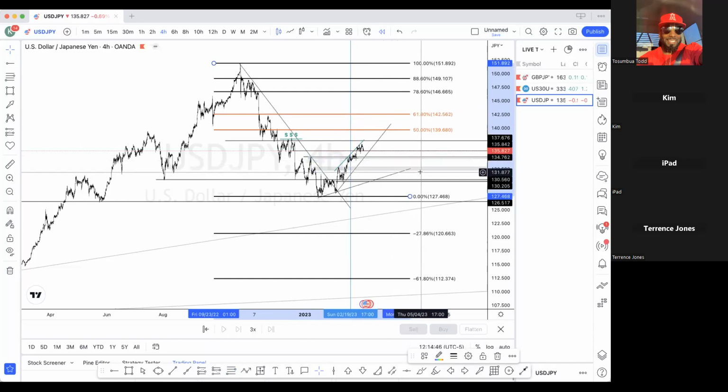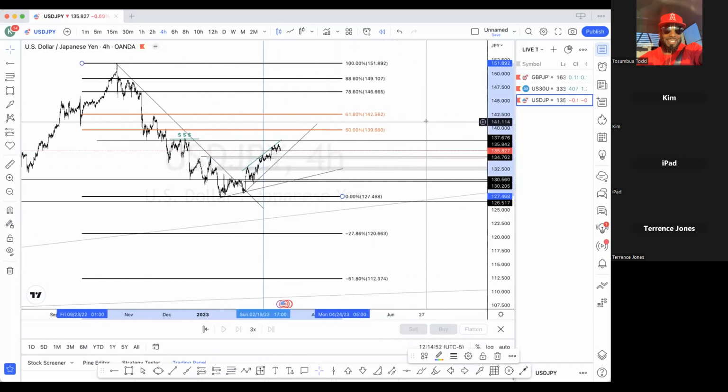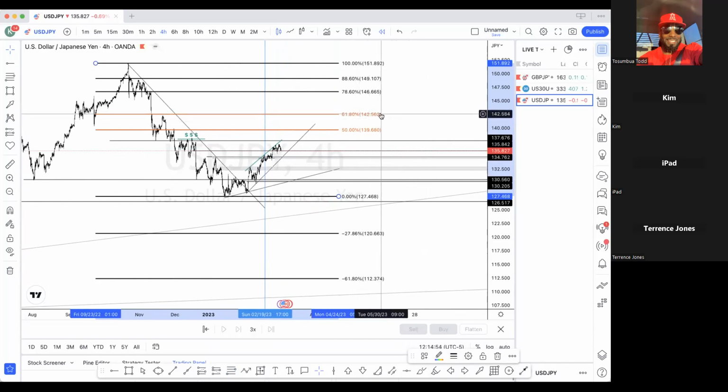What price is that? 142.56, maybe even higher, 145, 143.53 maybe. It needs to go to 143.53.